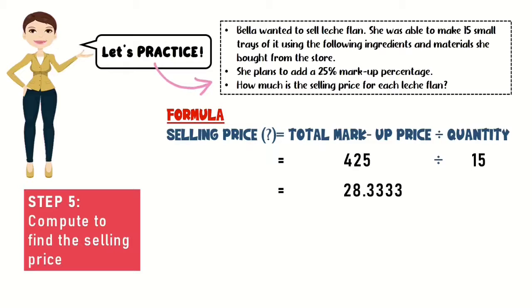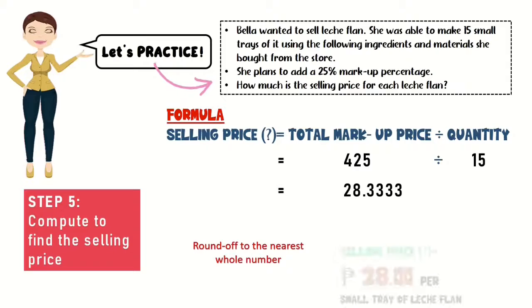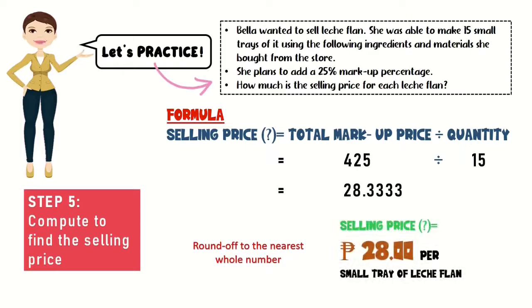For us to have one answer only, we have to round off the selling price to the nearest whole number. So, if our answer is 28.3, the final answer will be 28 pesos. Bella will sell each small tray of leche flan for 28 pesos.